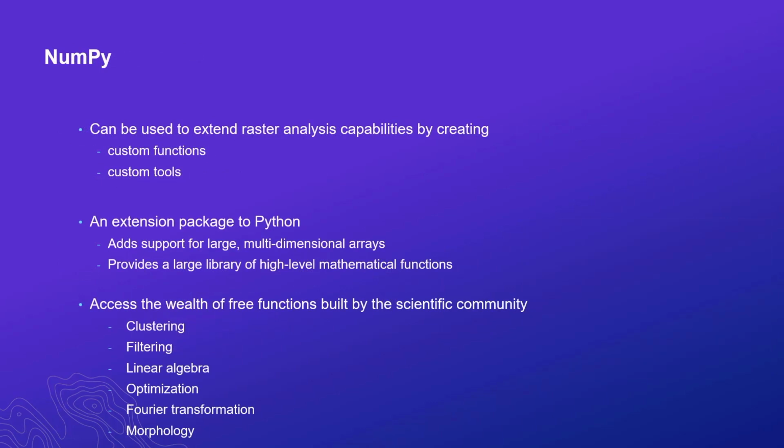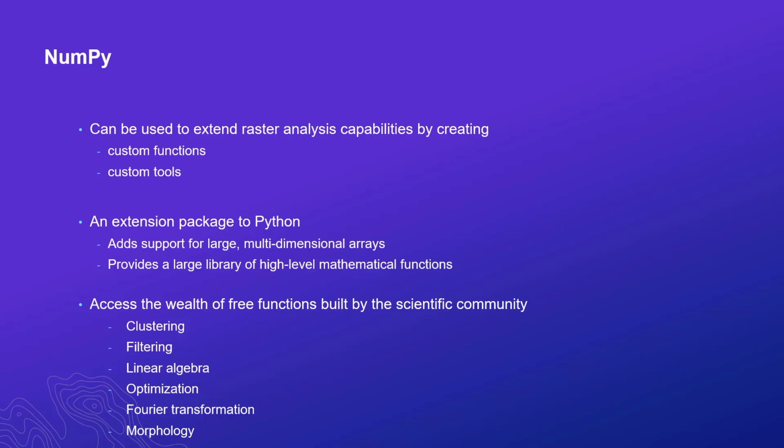Now, as I said earlier, there will be a time when out-of-the-box tools or functions are not enough. You need something more. You can do the analysis by combining NumPy and ArcPy together, and any other Python package. So NumPy can be a great way to do custom functions and custom tools. What is this NumPy?